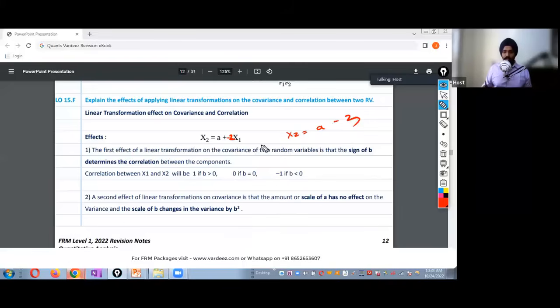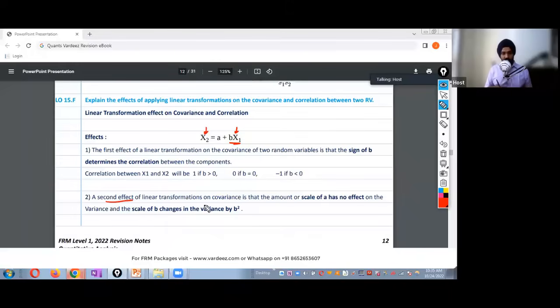So even if x1 goes up, it's going to take a negative value, and this thing will come down. So if x1 goes up, x2 will come down. Why? Because it's a negative relation, because the B value is less than 0. So that is the effect on the correlation between x1 and x2. That's the first effect of a linear transformation.